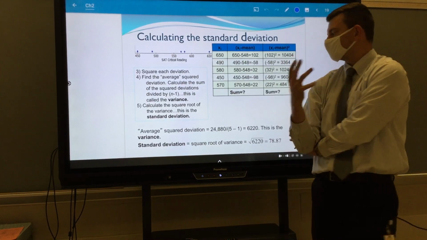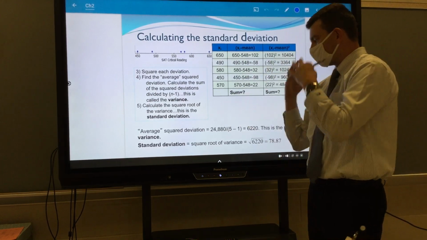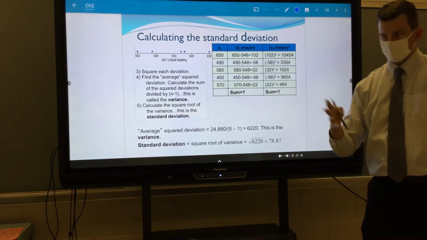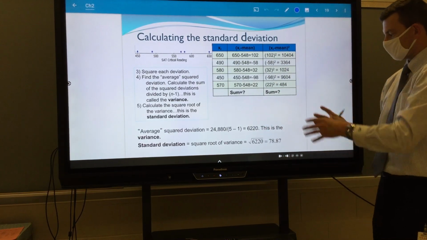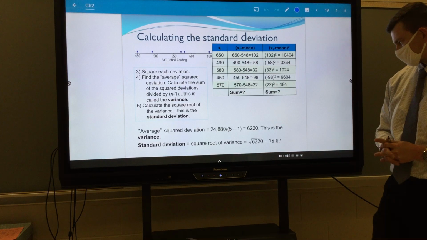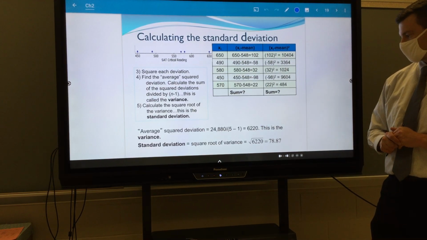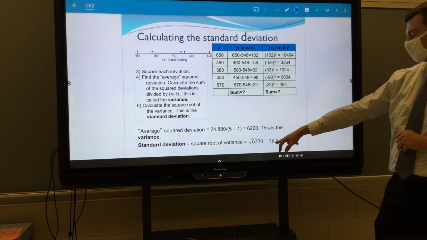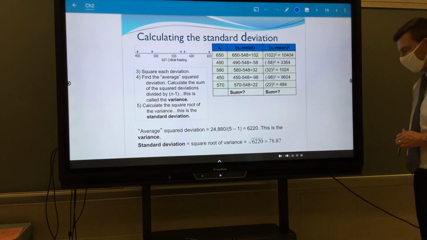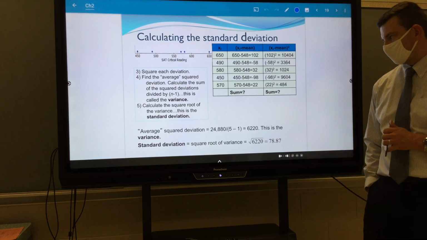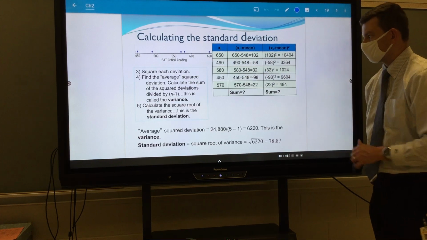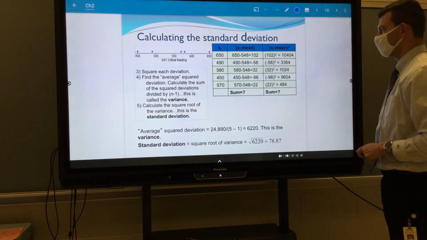So n minus 1 is the typical way to get this number of degrees of freedom. We'll expand on that definition as the year goes on. So that 6220 is the variance. Take the square root of that. We have about 78.87 as the standard deviation, the sample standard deviation for that small data set right there.